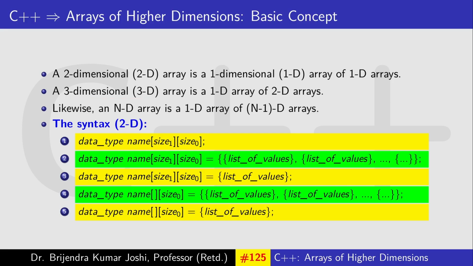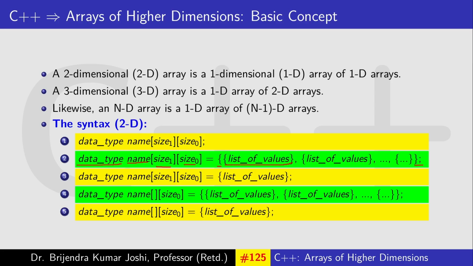So here is one way of declaring a two-dimensional array. Next one is data type, some legal name, and these integers size 1, size 0, and we can initialize also. We can supply values within this outermost pair of braces followed by a semicolon. We have as many lists of values enclosed within a pair of braces as there are number of rows.